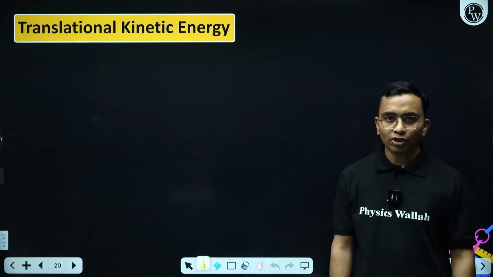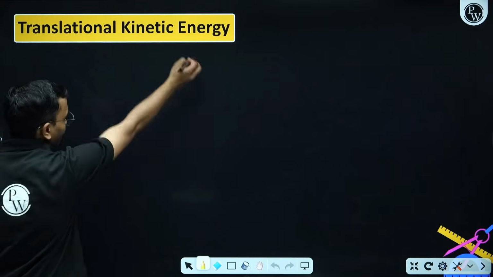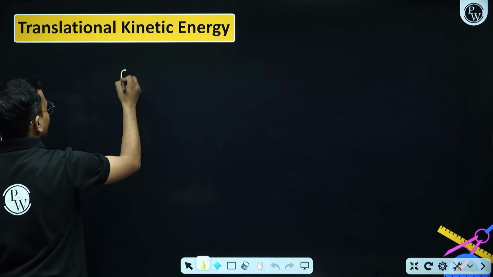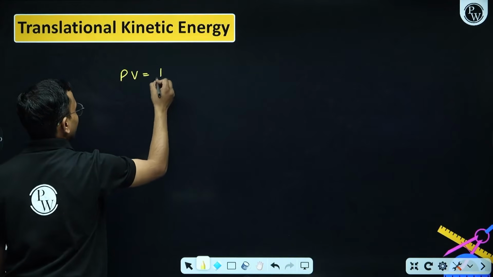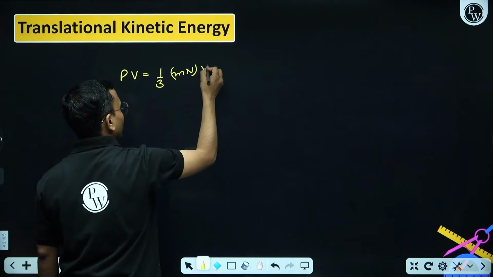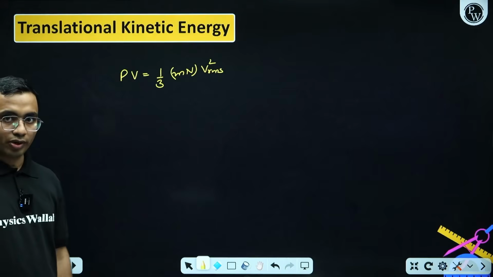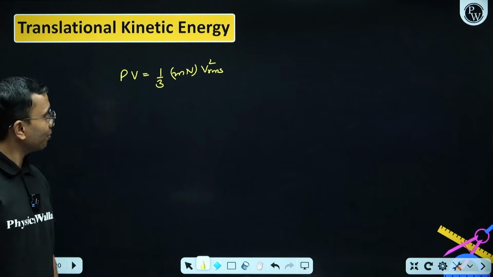Now let us talk about the translational kinetic energy of a gas. As we derived the formula, what was that? PV was equal to 1 by 3 times the mass of one molecule into the number of molecules into VRMS squared.